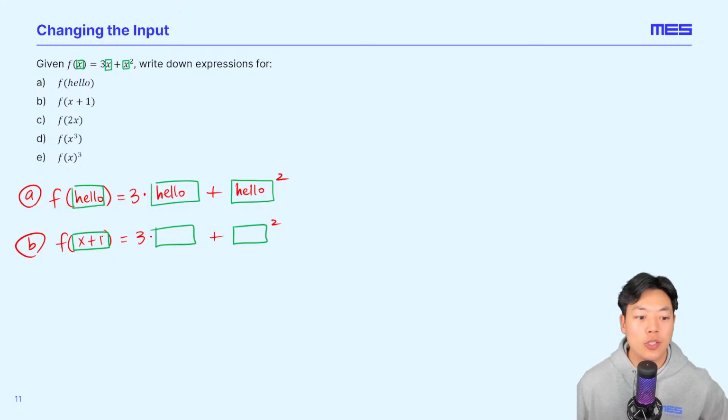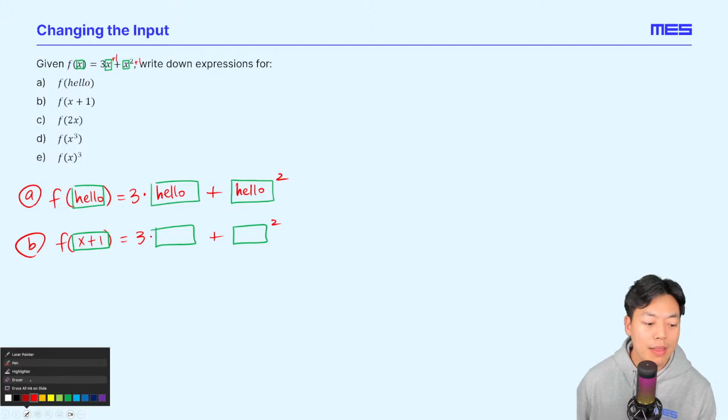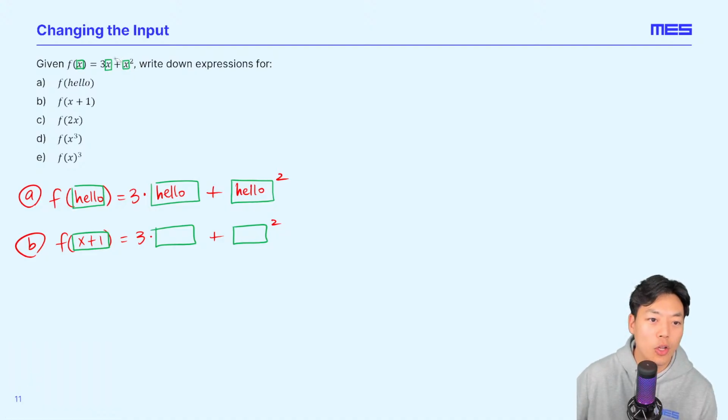I've noticed that students really struggle with plugging in more than one term within the input of x into the function equation. And that's because they start thinking, oh, do we just add 1 to both of these like this? And that's how I know that you did not learn it. You did not obtain true deep understanding of a function, right? When we're plugging in x plus 1 and all of this is within the parentheses, all of x plus 1 will go into our green boxes.